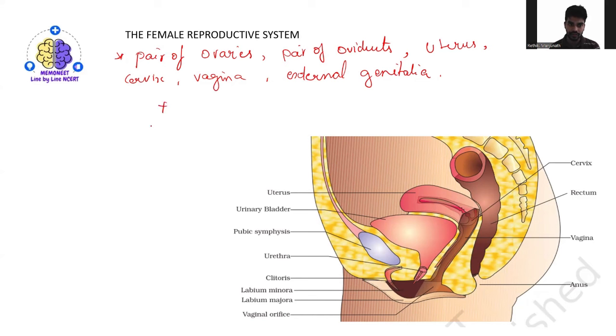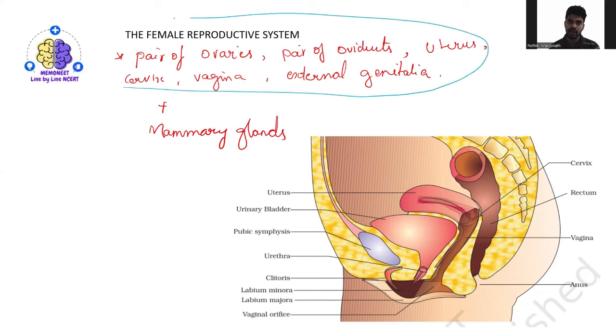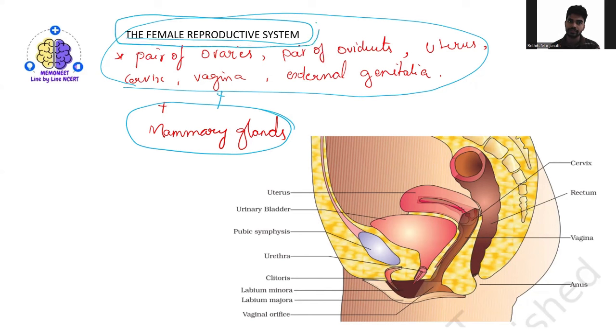What is another major important thing that I have missed? The mammary gland, right? If you are talking about the female reproductive system, all these parts together with the mammary gland constitute the female reproductive system.